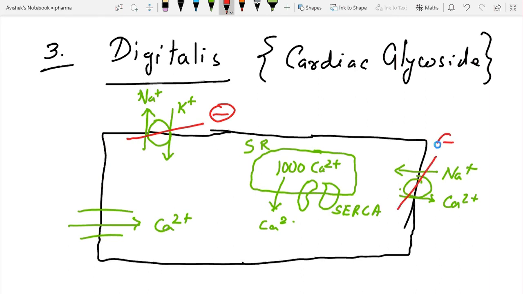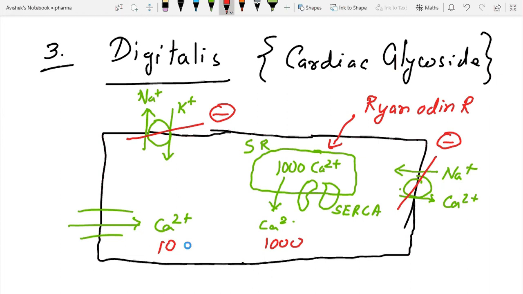They will block this exchanger, the sodium calcium exchanger, and they will activate here one receptor called ryanodine receptor. This ryanodine receptor will not allow this calcium to come back. So what is happening? Calcium is coming in from one side. Let's imagine there is 10 calcium and this is giving 1000 calcium.